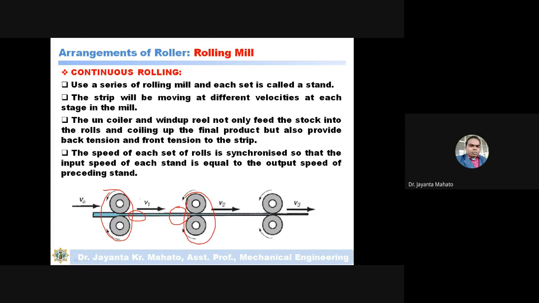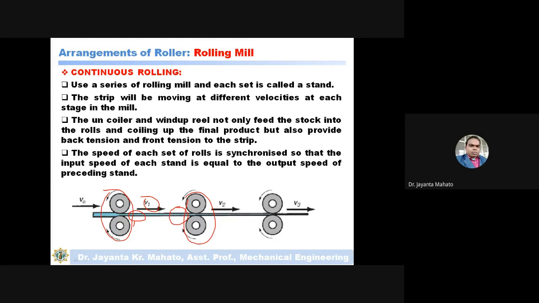This velocity v1 at the output from this station will be the same as the input of the next station, to minimize buckling of the material.